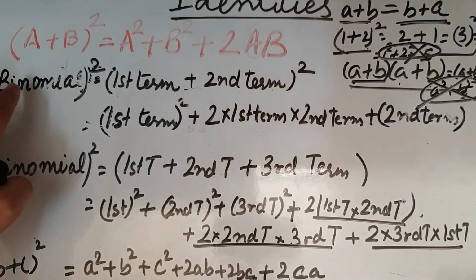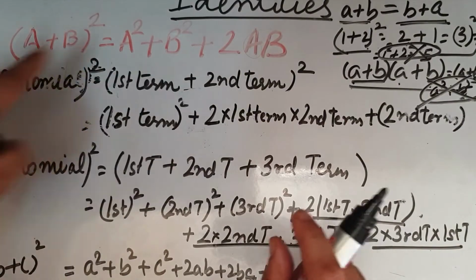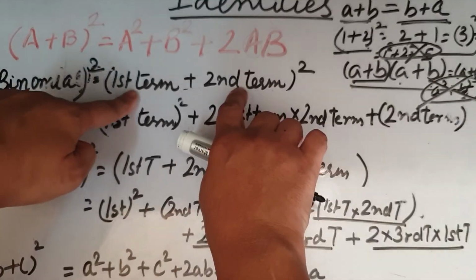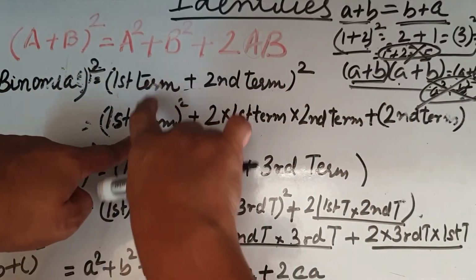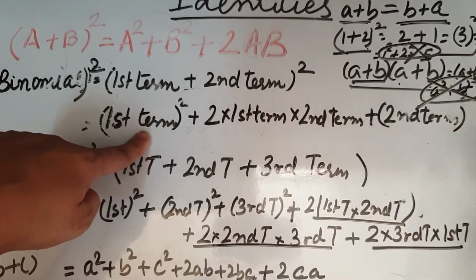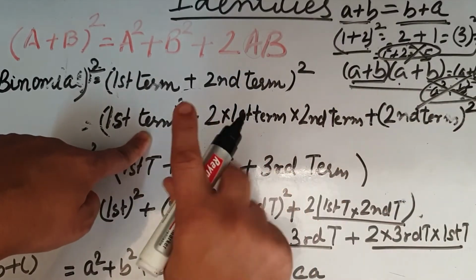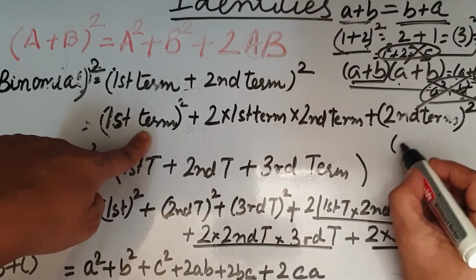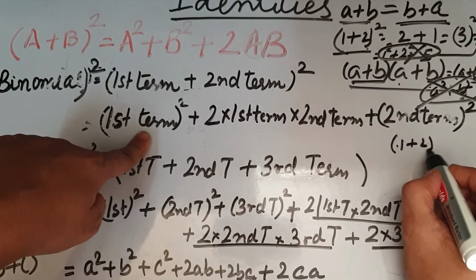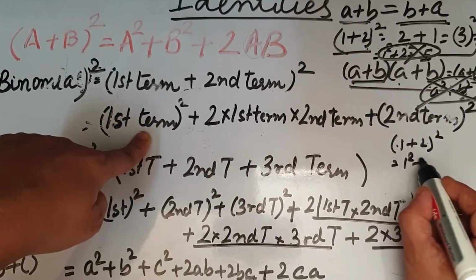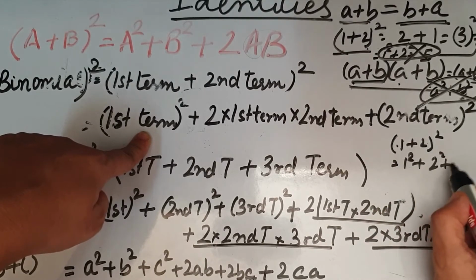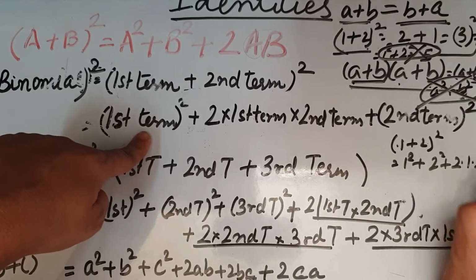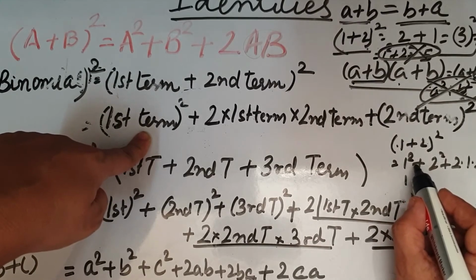So what does it actually contain? It contains 3 terms. The expansion of the binomial is first term square, second term square, plus 2 into first term into second term. Let us check it for 1 plus 2 whole square. If we have 1 square plus 2 square plus 2 into first term into second term, does the answer come out the same?